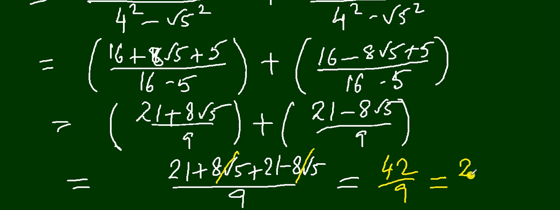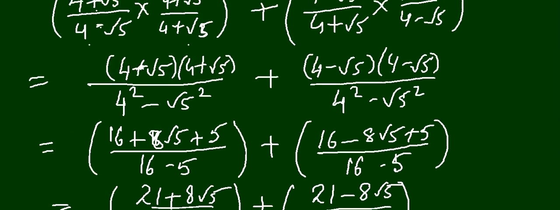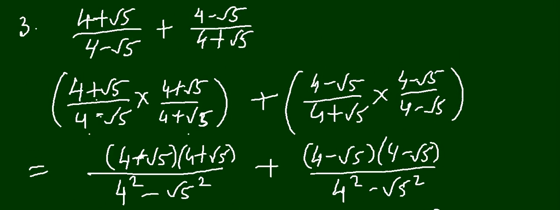It's 14 over 3, or 4 wholes 2 over 3 is my answer. Okay, so that's the value of the expression. Hope it's clear to you, and this way you can make use of the concept of the identity to rationalize your denominators.